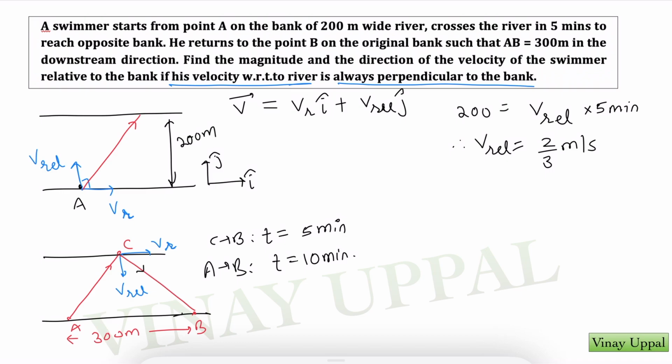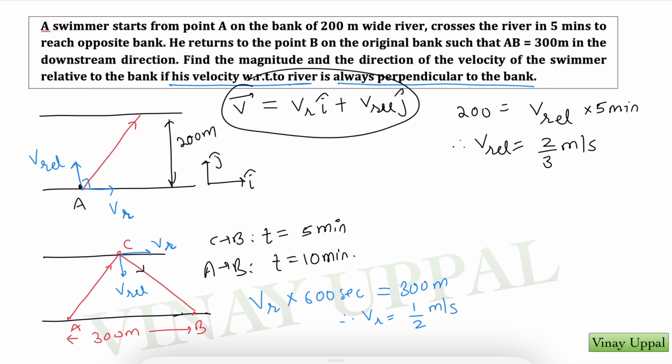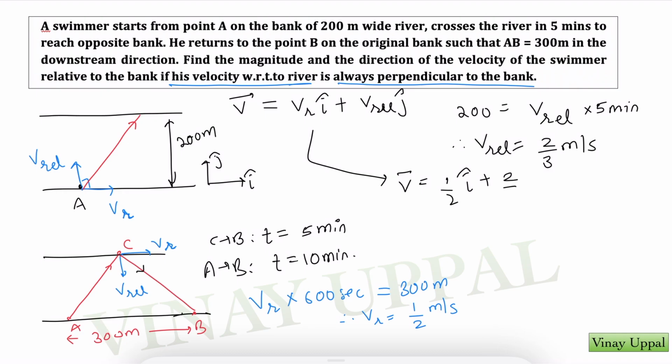So what is the X component of the swimmer's velocity in the ground frame? That is nothing but the velocity of the river. So can I say V river times 10 minutes, which is 600 seconds, should be equal to the distance travelled, 300 meters. And therefore V river simply becomes half meter per second. And therefore my entire velocity from A to B at least is half i cap plus 2 by 3 j cap.